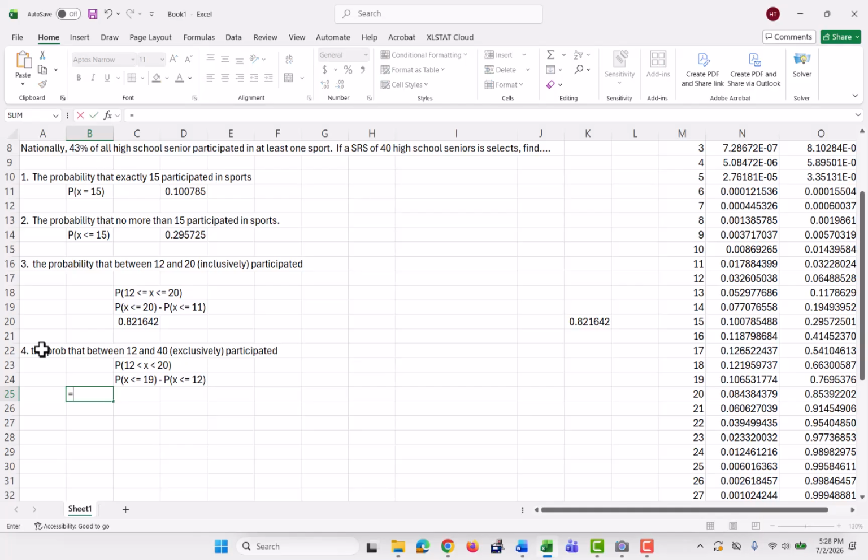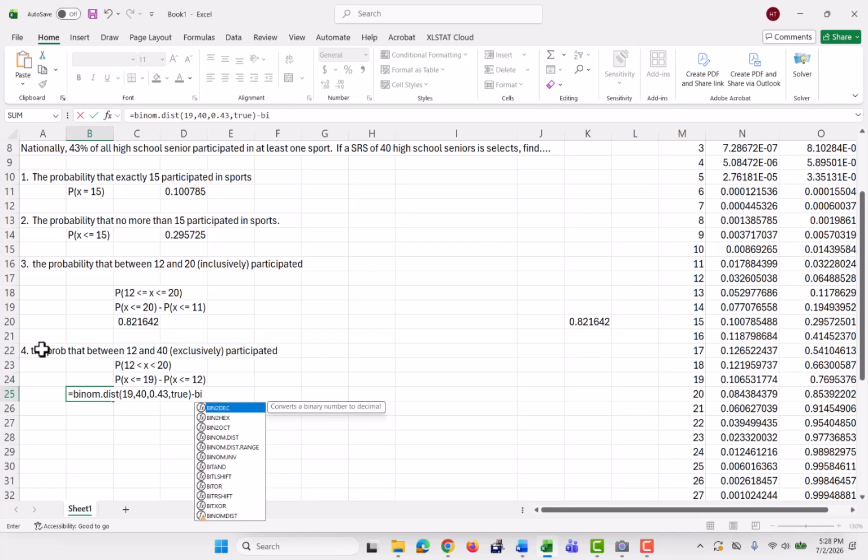So this will be equal to the binomial.dist of 19, comma 40, comma 0.43, and again true because we're using cumulative probabilities here. Then we're subtracting out up to 12.